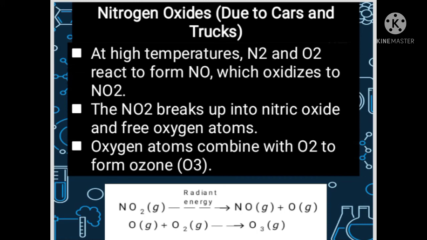So we have here NO2 into NO plus O, and O plus O2 into O3. So that is the nitrogen oxide.